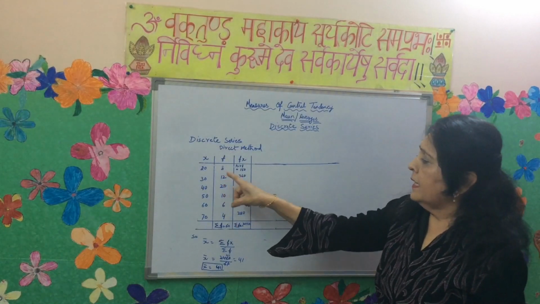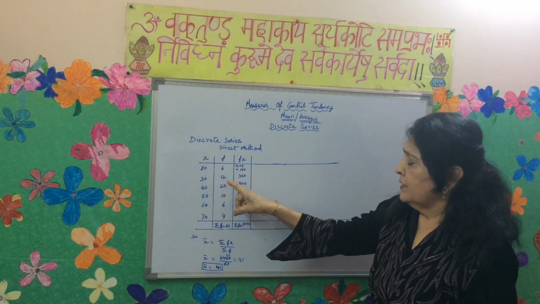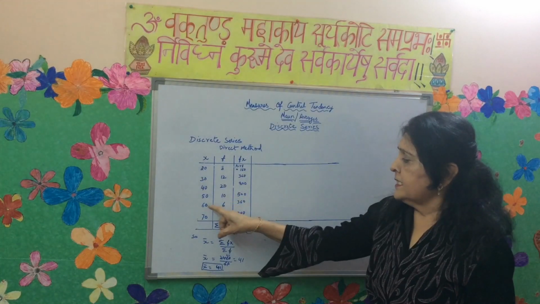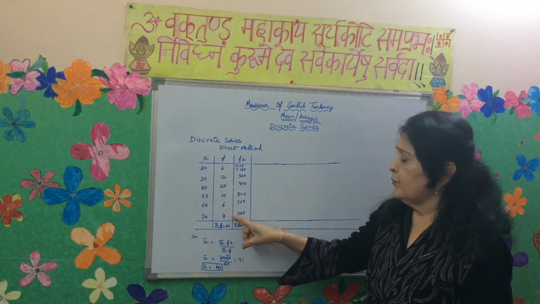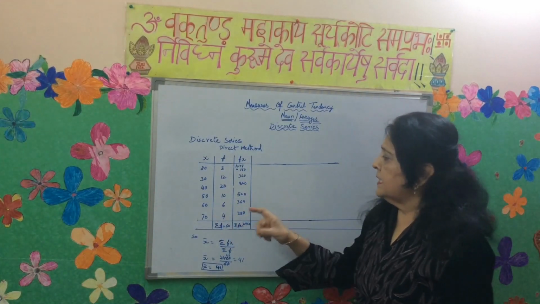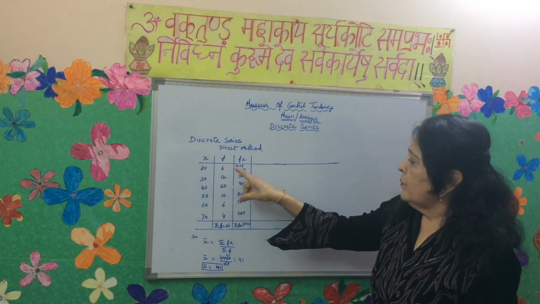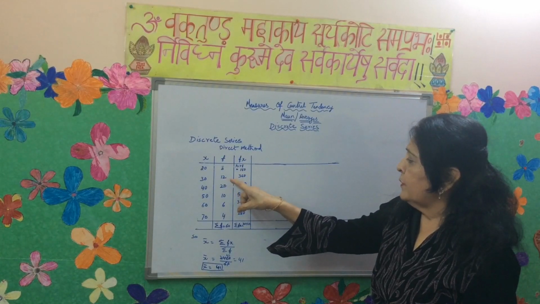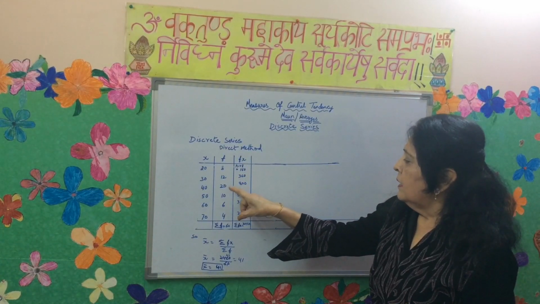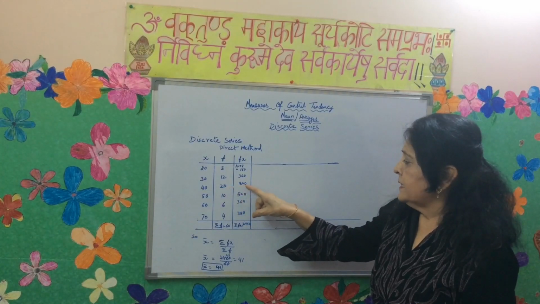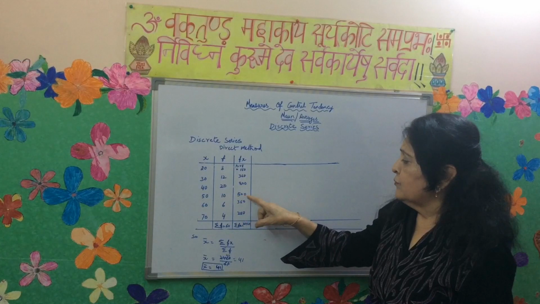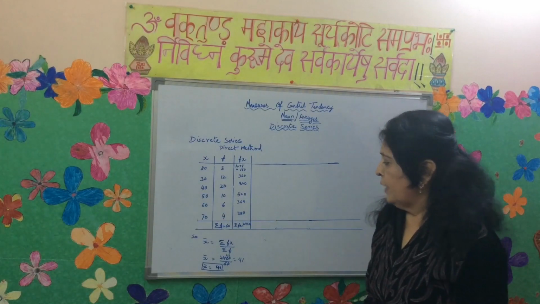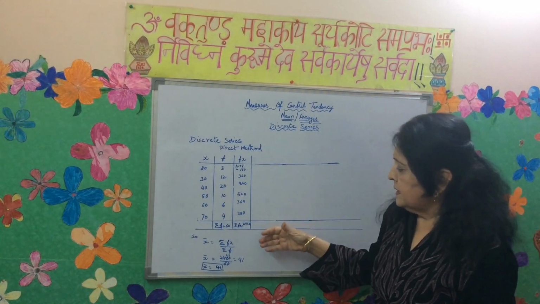Their frequencies are: for 20 it is 8, for 30 it is 12, for 40 it is 20, for 50 it is 10, for 60 it is 6, and for 70 it is 4. fx is: 20 multiplied by 8 is 160, 30 multiplied by 12 is 360, 40 multiplied by 20 is 800, 50 multiplied by 10 is 500, 60 multiplied by 6 is 360, 70 multiplied by 4 is 280.